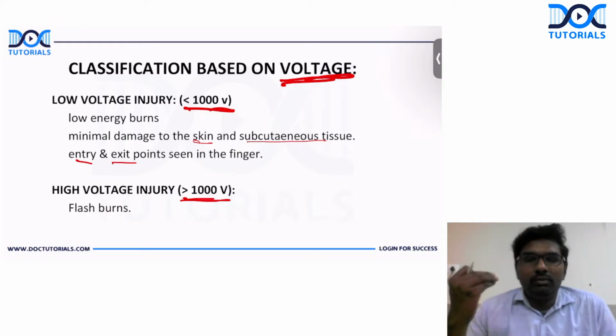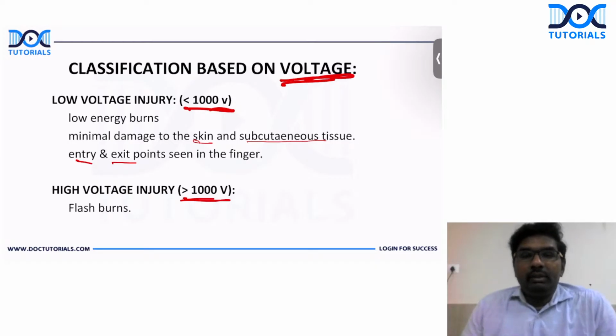So that is how the entry and exit wounds occur. Of course, there are some differences between entry wound and exit wound. The edges of the entry wound will be inverted, towards the inside, while in the case of an exit wound, the edges will be everted.